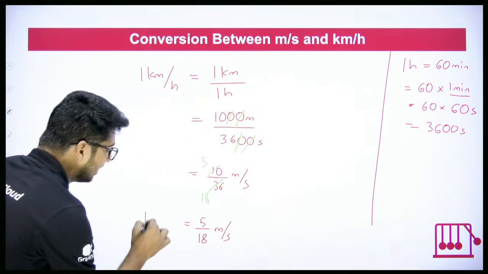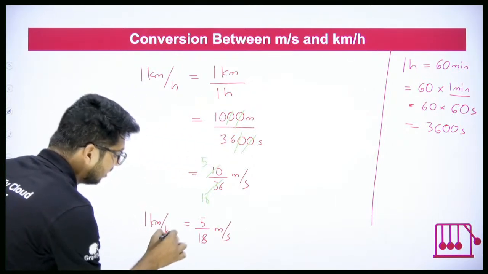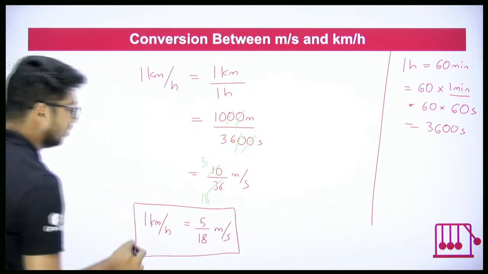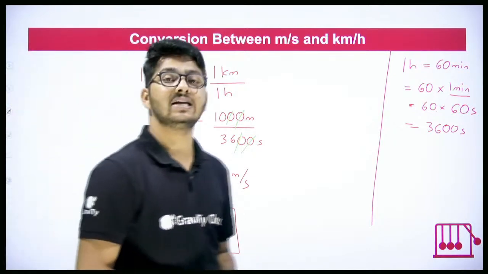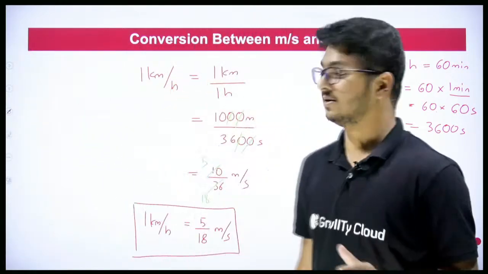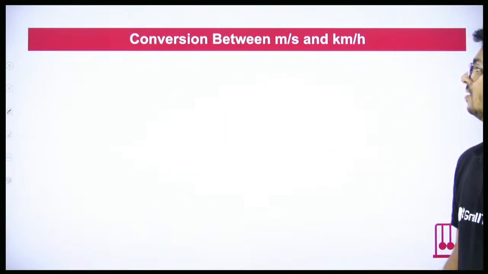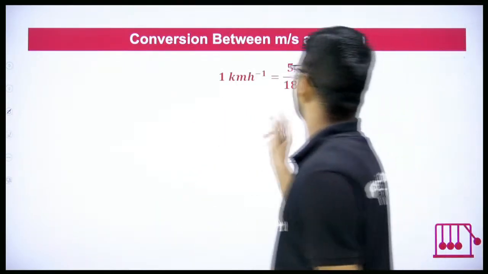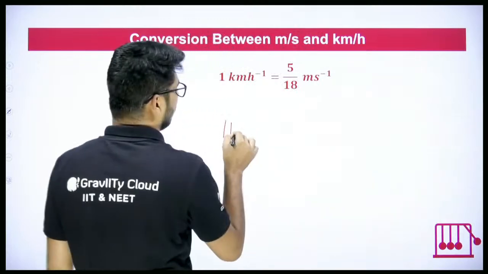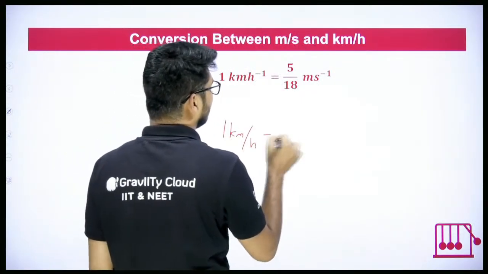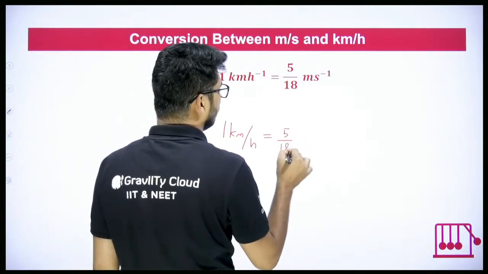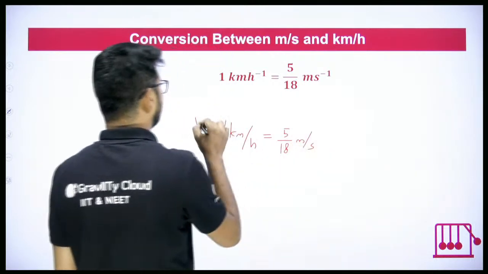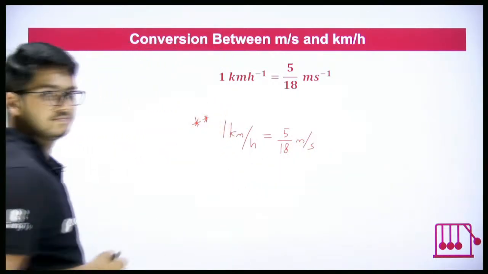That means 1 kilometer per hour is equal to 5 by 18 meter per second. Is that clear? Good. So that's what we are talking about. It's nothing but 1 kilometer per hour is equal to 5 by 18 meter per second. Very important. We'll use it.